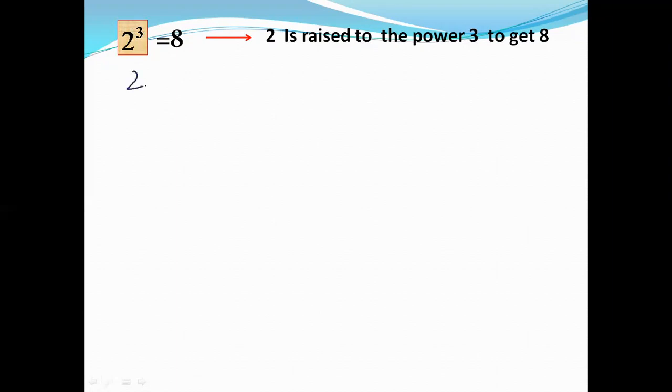So 2 into 2 into 2. We have to take 2 3 times and multiply. 2 2s are 4, 4 2s are 8. That means 2 is raised to the power 3 to get 8.